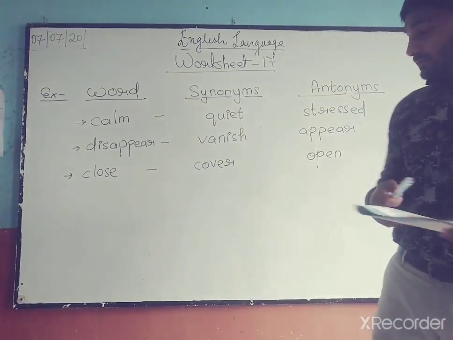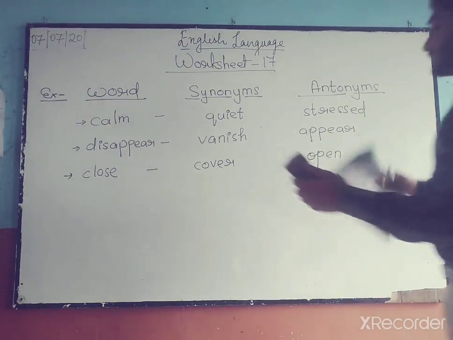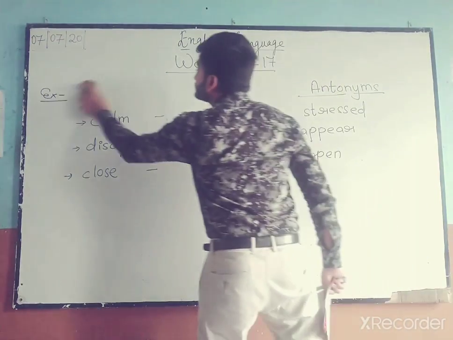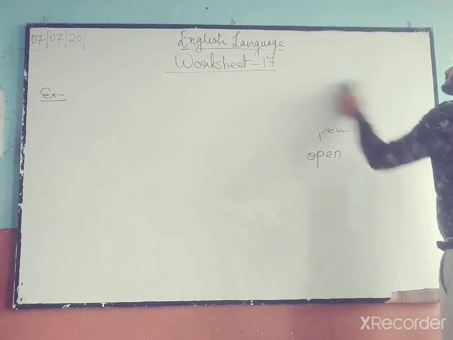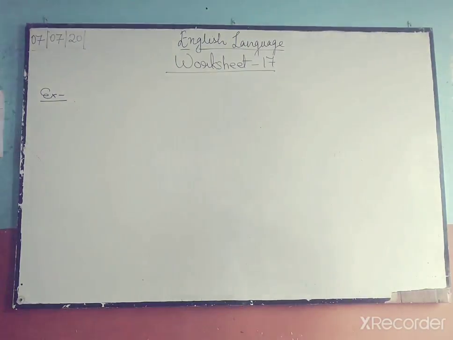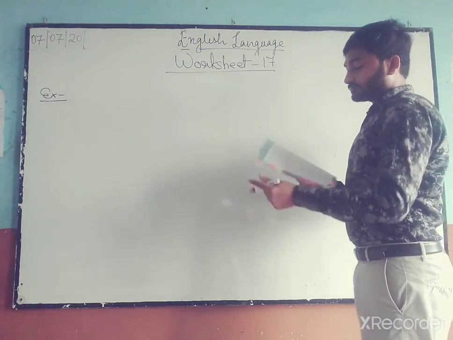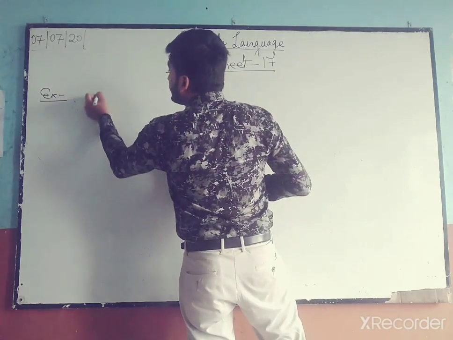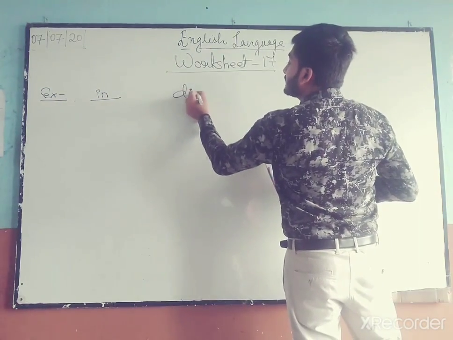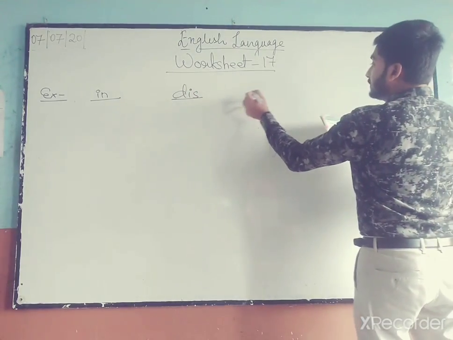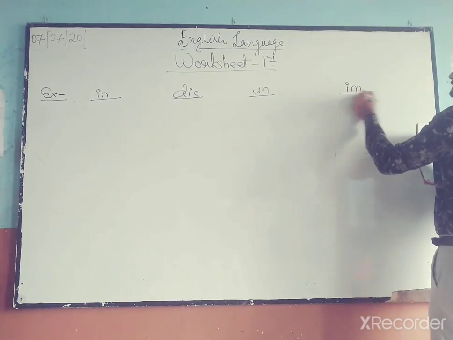So I am going to write them. First column for in, second is for dis, third is for un, and fourth is for im.